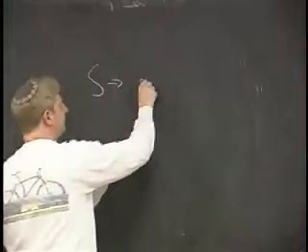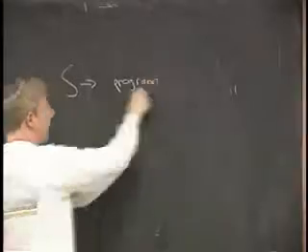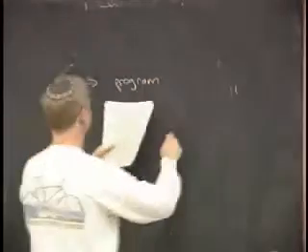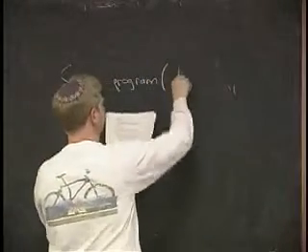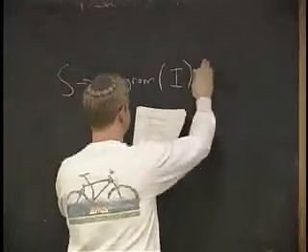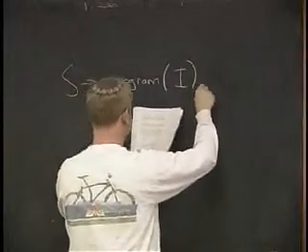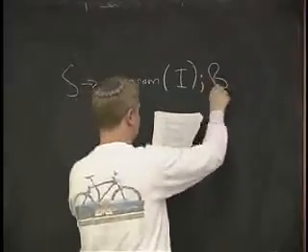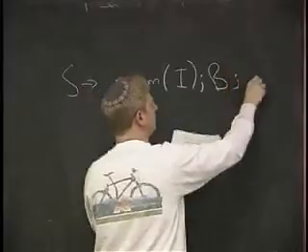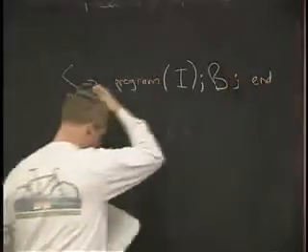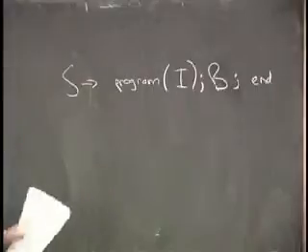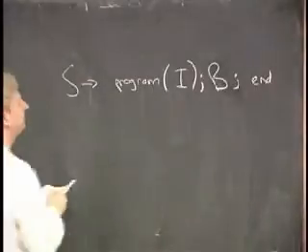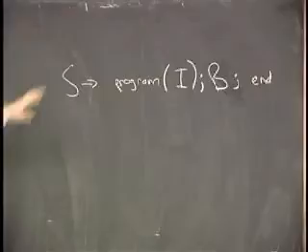Here's an example of a context-free grammar. Now I'm writing the way I usually do. Let me start to talk now before I write the rest of the example down.